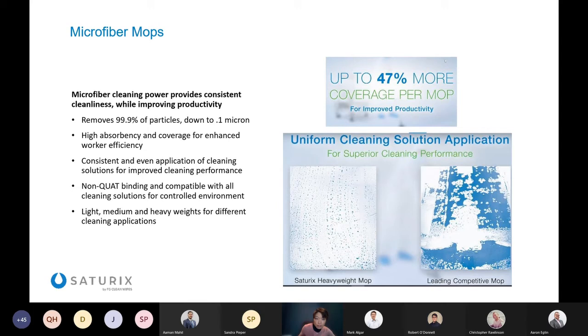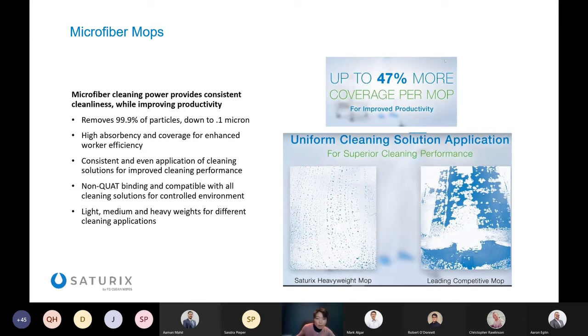As you can see, the Saturix mop's release pattern is very consistent and even, in stark contrast to the competitor mop, which leaves a big puddle of water at the beginning and then dries up pretty quickly. That's another advantage of the Saturix mop.